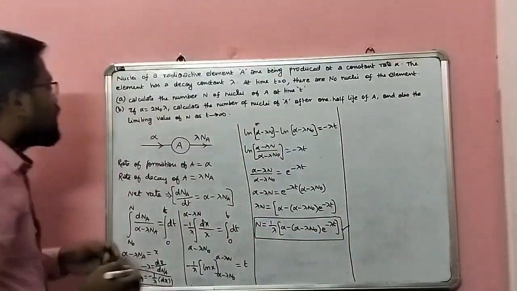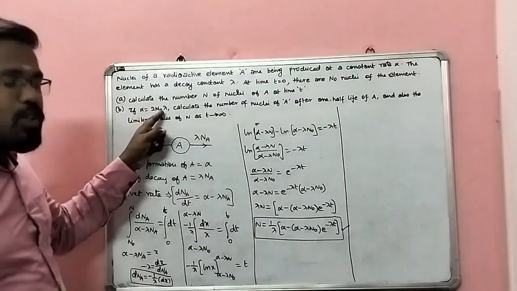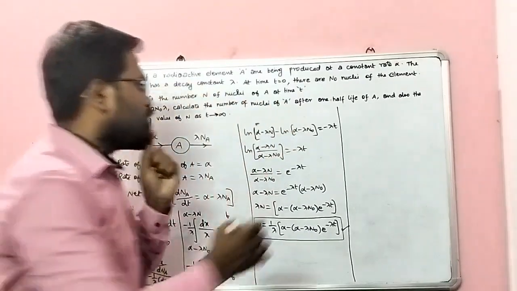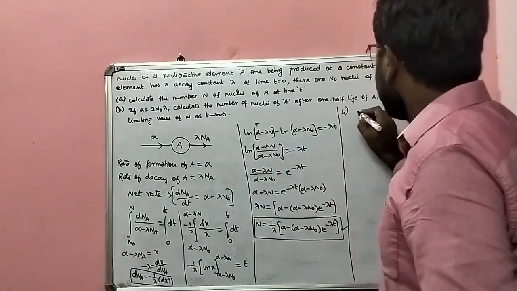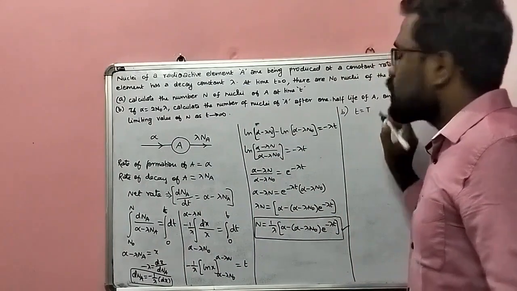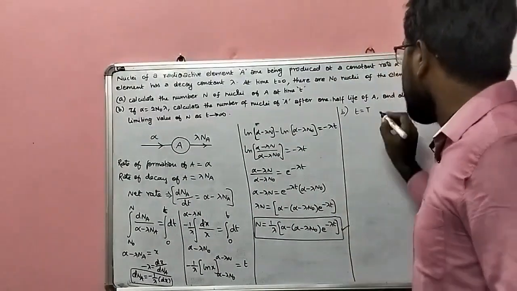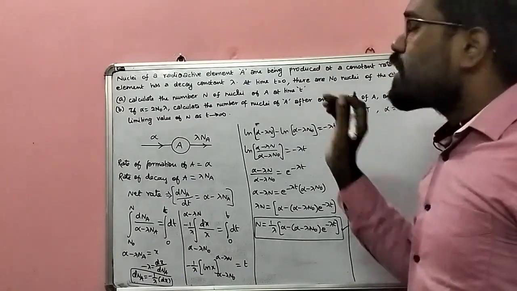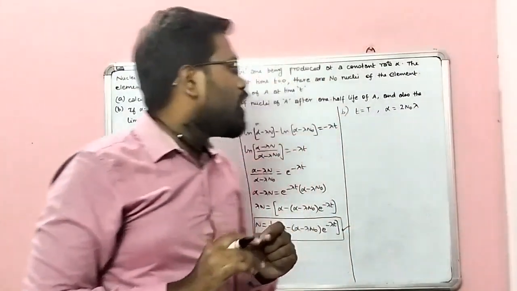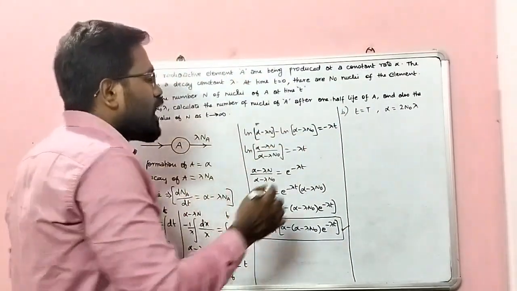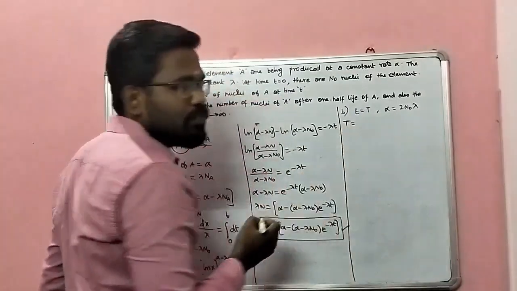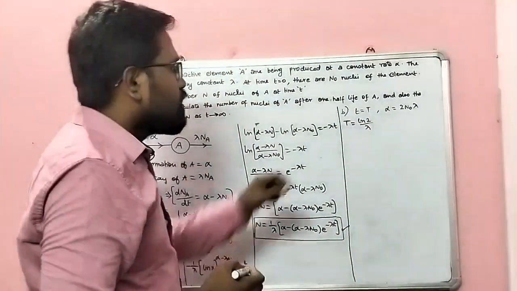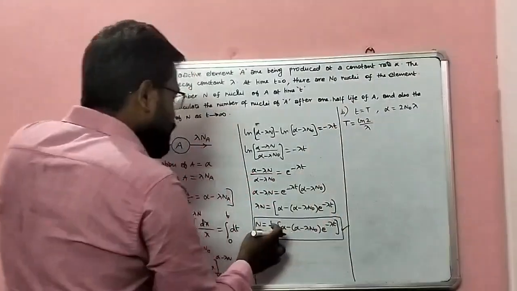Next we will find, if alpha is equal to 2 n0 lambda, the number of nuclei of A after one half-life. That is question B. It is given that t is equal to the half-life T, and alpha is equal to 2 n0 lambda. We know that the half-life T is equal to ln2 upon lambda. Using this in n is equal to 1 by lambda times alpha minus alpha minus lambda n0 e power minus lambda t, the lambda cancels, remaining only ln2, and e power ln2 is simply 2.